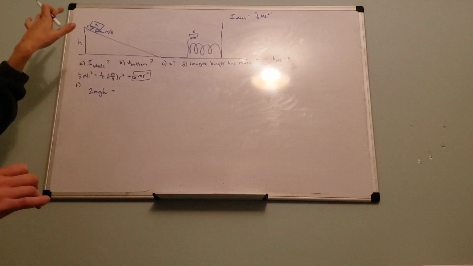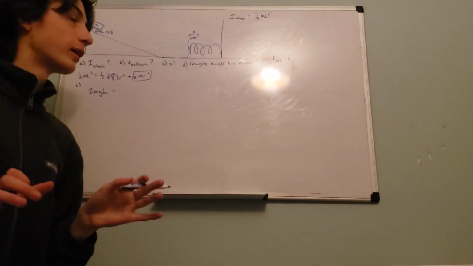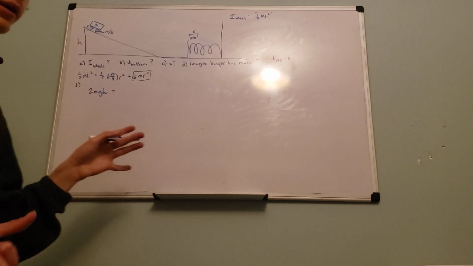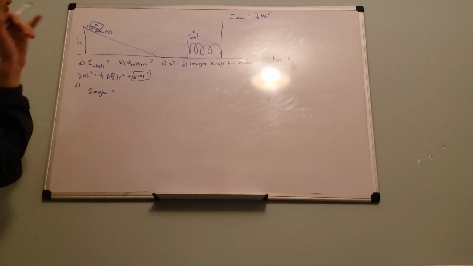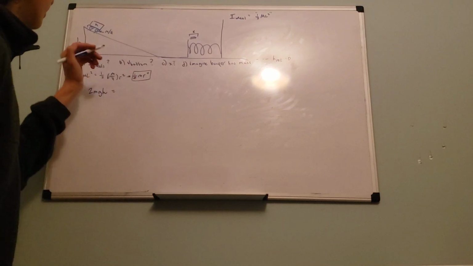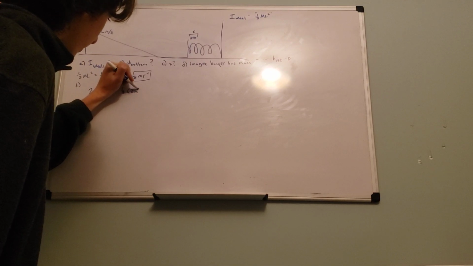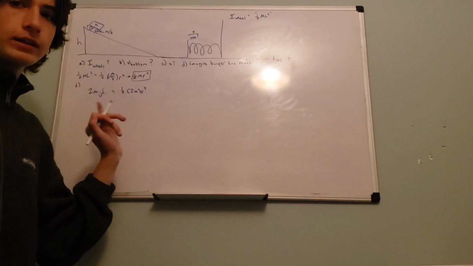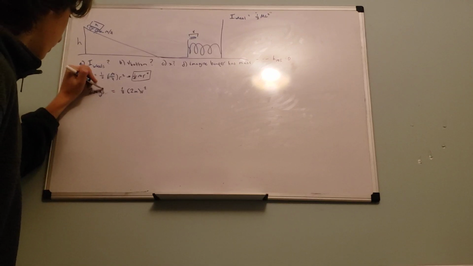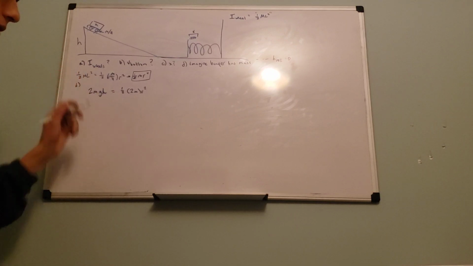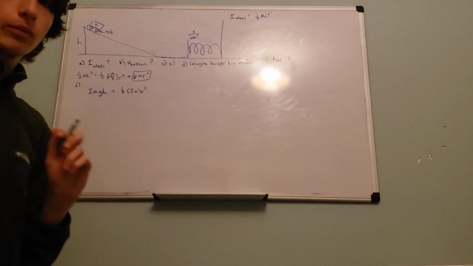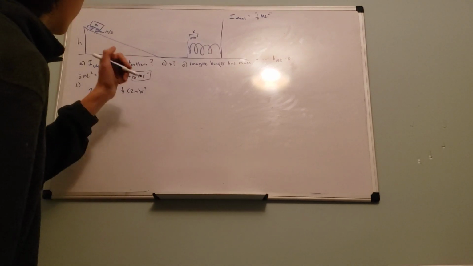So let's talk about the linear kinetic energy. That's 1/2 m v squared. But again, the total mass is actually 2m, so we have 1/2 times 2m times v squared, where v is the speed that we're solving for. And then we also have some rotational kinetic energy, which is 1/2 I omega squared.